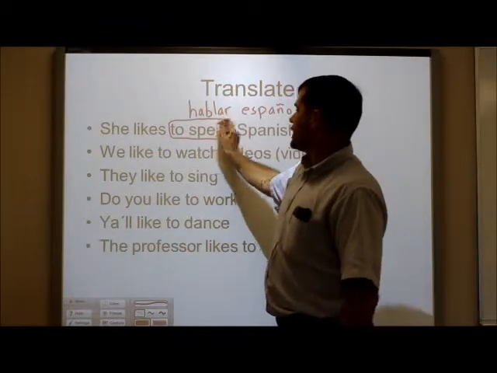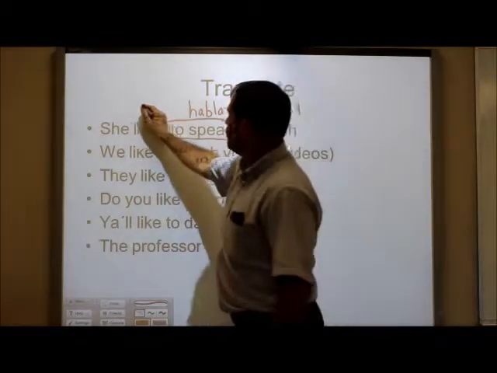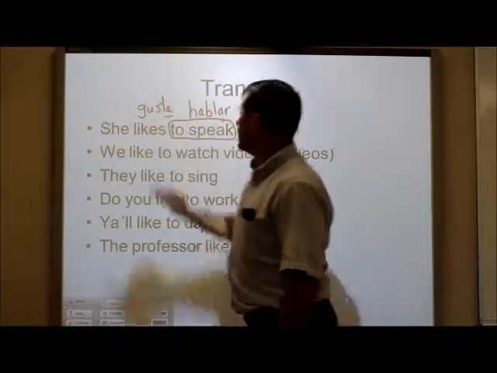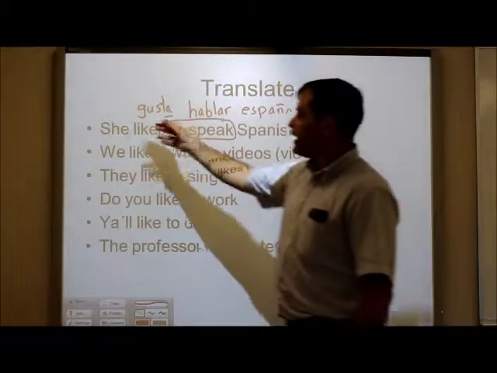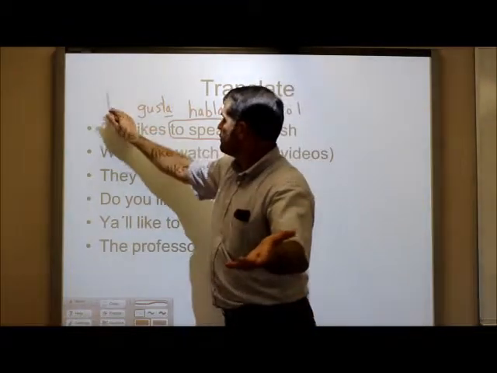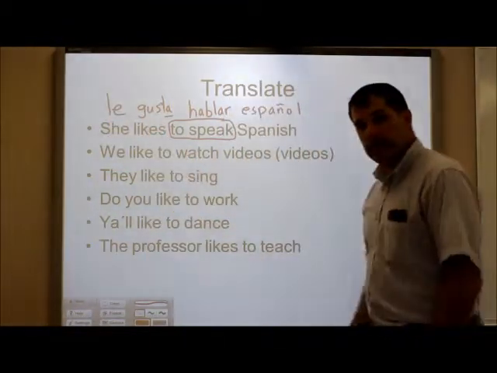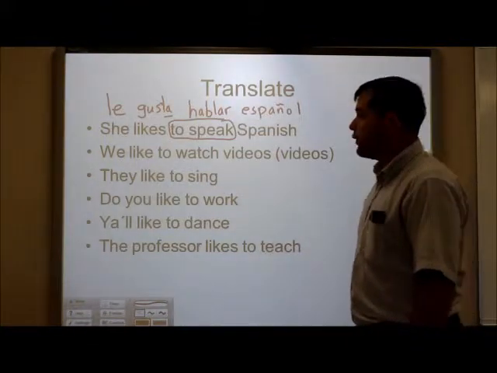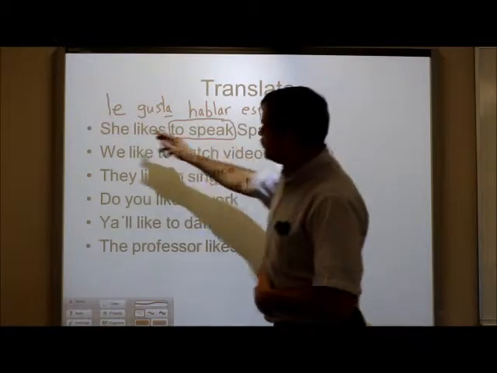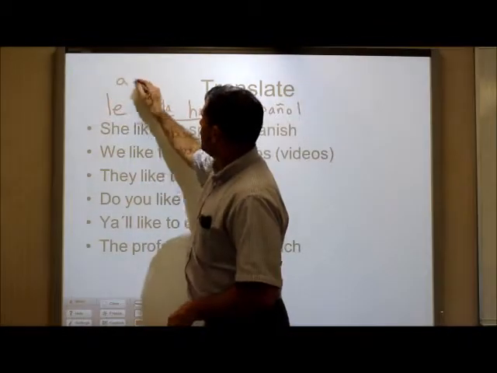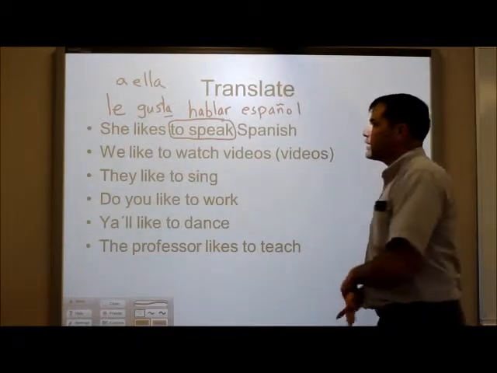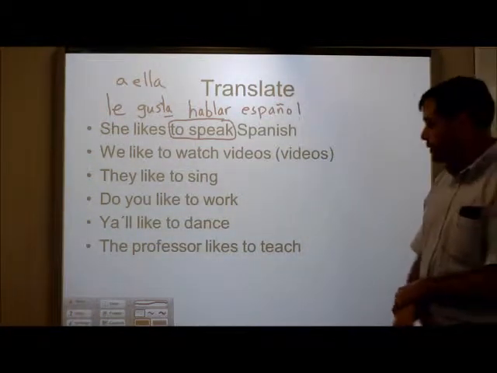So to speak, because that's a verb and it's singular, we will have the singular gusta with just an A. And for she, we would say le gusta. Now, if we need to clarify that it's a she, we would do that by saying a ella. A ella le gusta hablar español.